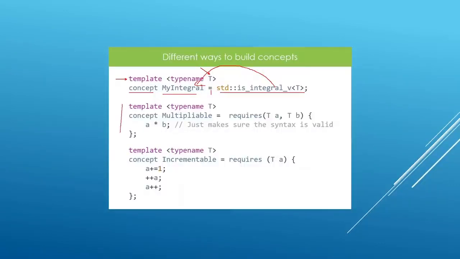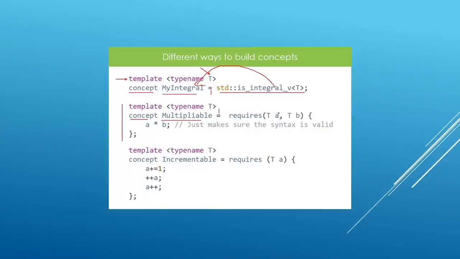Down here, we have another syntax we can use if we have multiple statements in our concept. All you have to do is specify the concept keyword, give it a name, put the equal sign, and then add a requires clause.